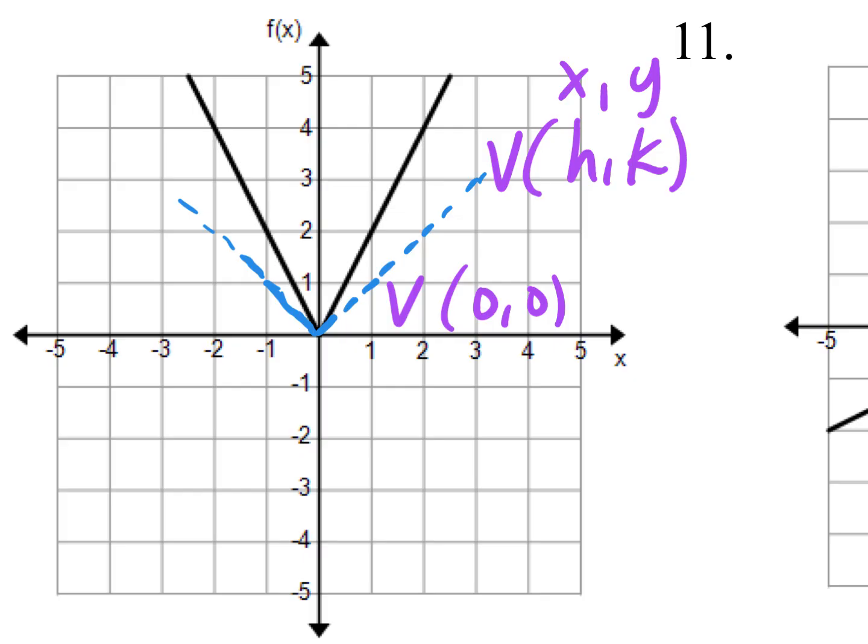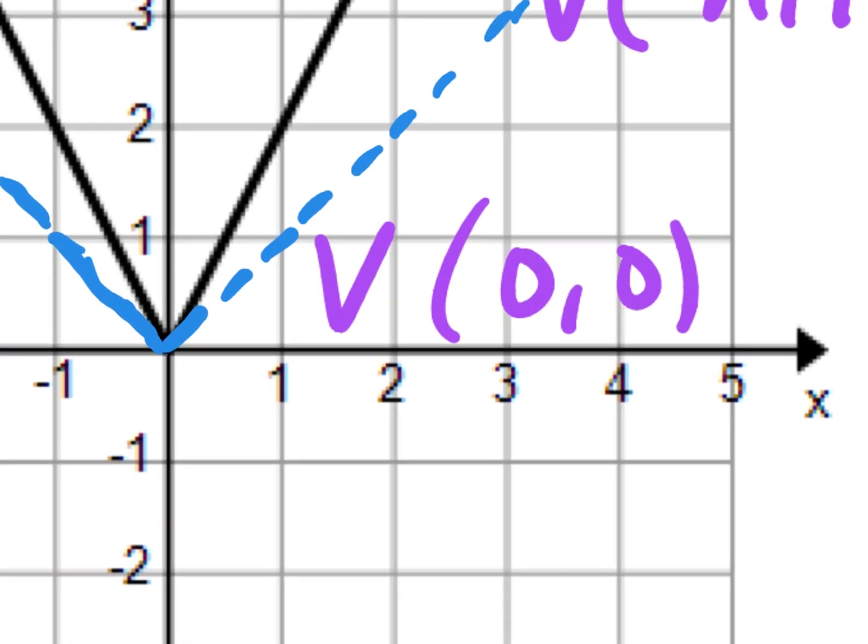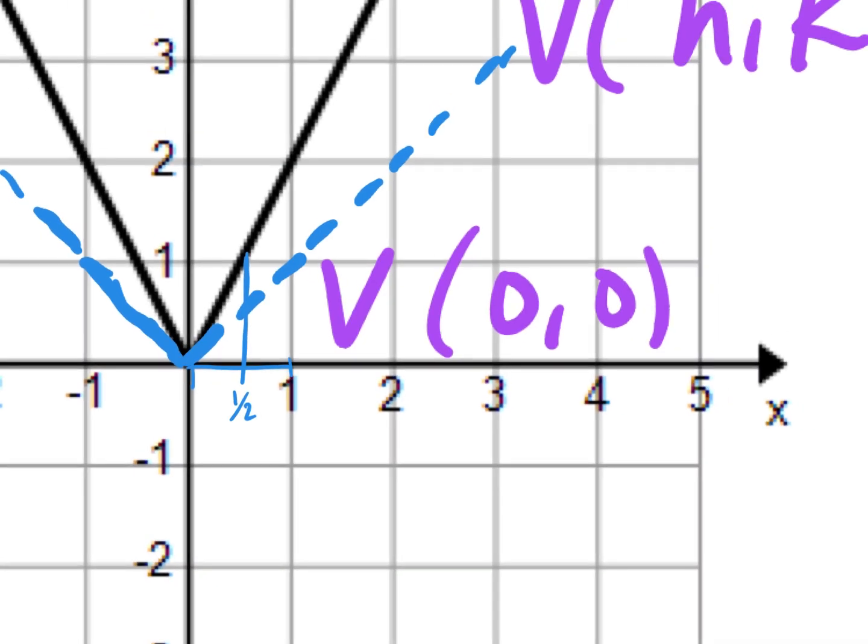If I'm going to look at this part, okay, let me just show it this way. Okay, so between 1 here, this 1 and 1, if I'm going to get this part, what I can see is just 1/2. Okay, so that means that there's going to be a stretch factor of 2.